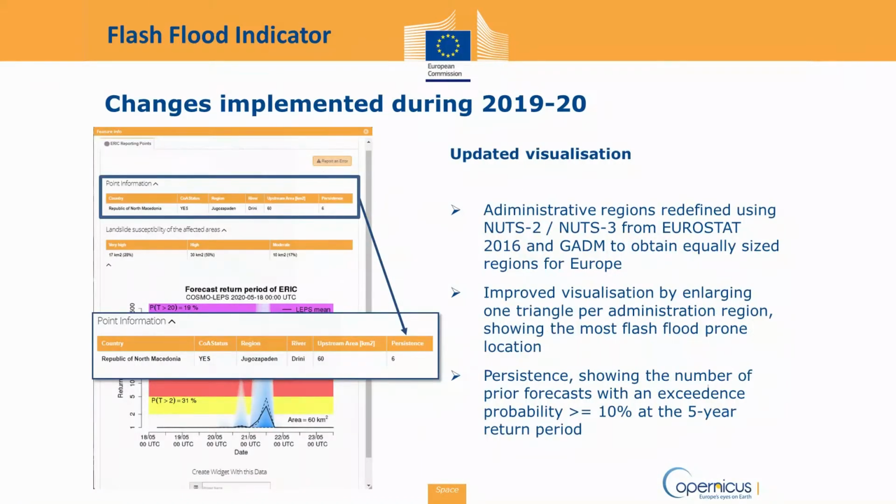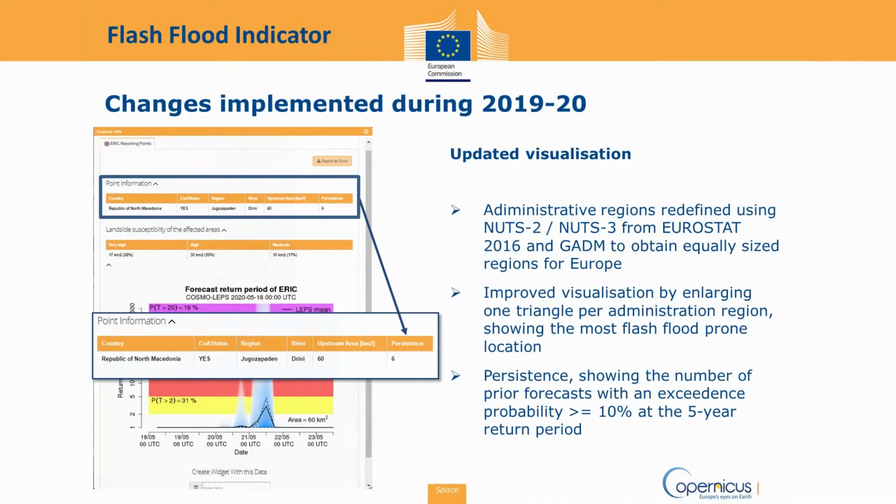Lastly, a number of changes have also been implemented during the previous 18 months, which are about improvements to visualization. So these aren't technical changes, but they're changes in the EFAS interface that have improved visualization. The first of these was a redefinition of the administrative regions that are used to issue flash flood notifications.